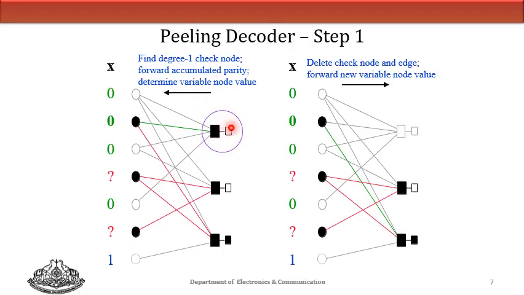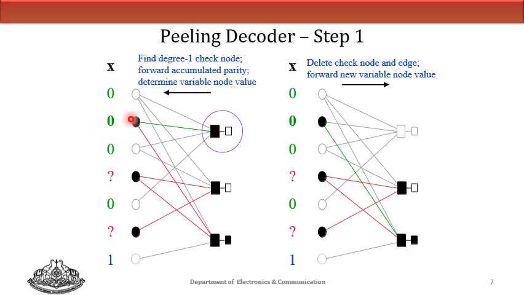So basically the check node is expecting a 0 value as the sum of all the bits in the connected variable nodes. Since all three variable nodes have 0, if this bit is 1, that won't satisfy the check node equation, because C1 is equal to V1 plus V2 plus V3 plus V5. And V1, V3, V5, we already know are 0. So this should be 0.